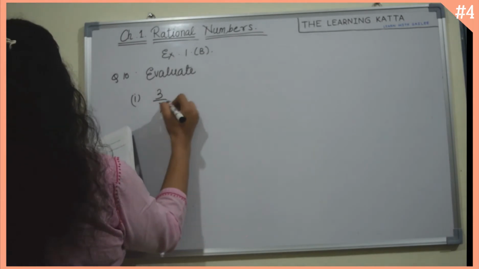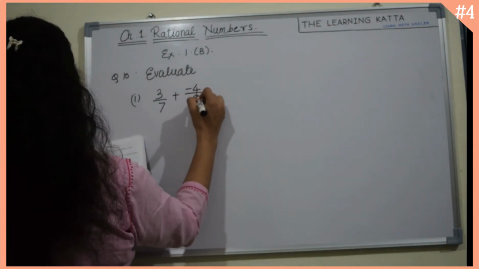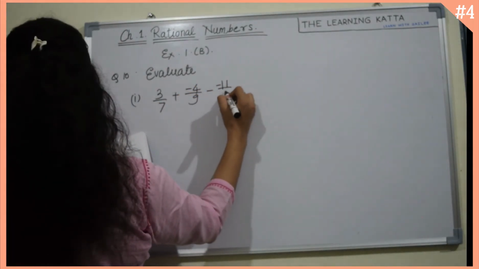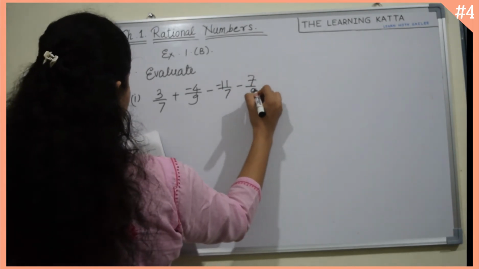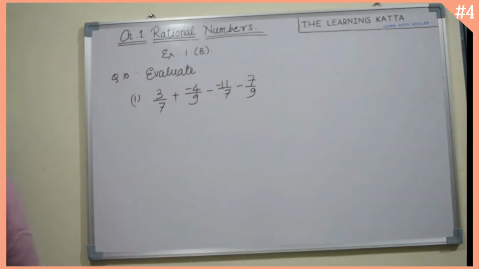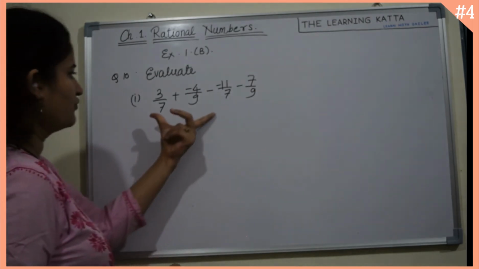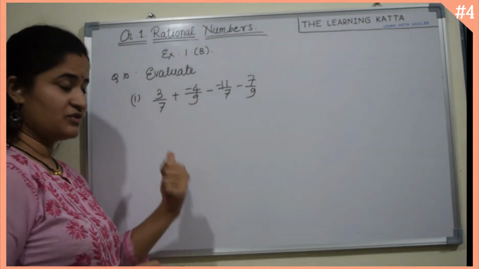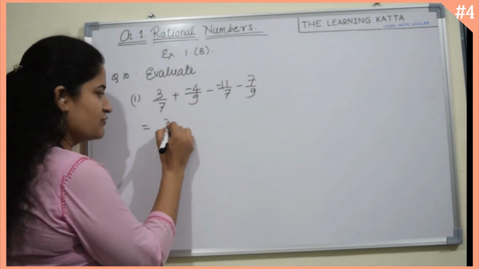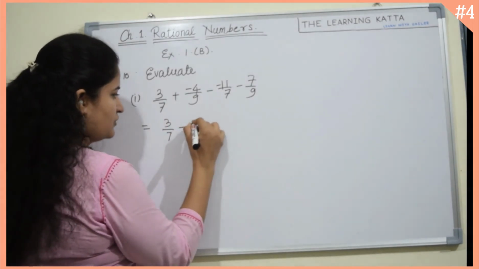So first sum is 3 by 7 minus 4 by 9 minus 11 by 7 and minus 7 by 9. So how will you add them? So first observe, are there any similar denominators? Yes, there are. So first let's collect the terms which have similar denominators.